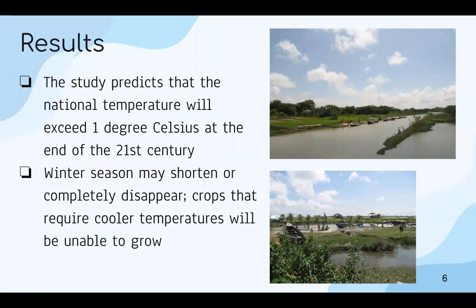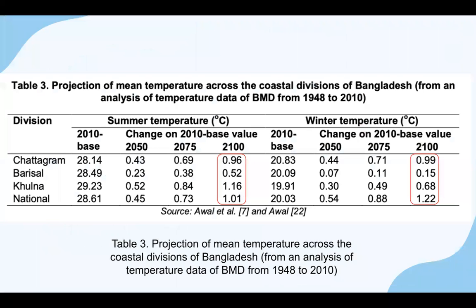And this table looks a little confusing from the beginning, but basically it's a projection of mean temperature across the coastal regions of Bangladesh. So in the left-hand column, we see they took this data from 4 divisions within Bangladesh, and the values that are circled in red show how much they believe the temperatures are going to change from the base temperatures of 2010.